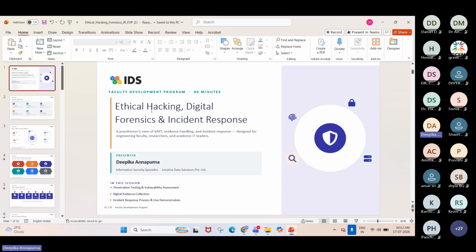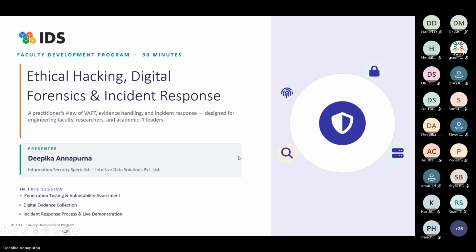Coming to today's session, today we are going to discuss something important here: ethical hacking. Today we are going to discuss ethical hacking, digital forensics, and incident response. So when people hear the word hacker, they often think of someone illegally breaking into the system.